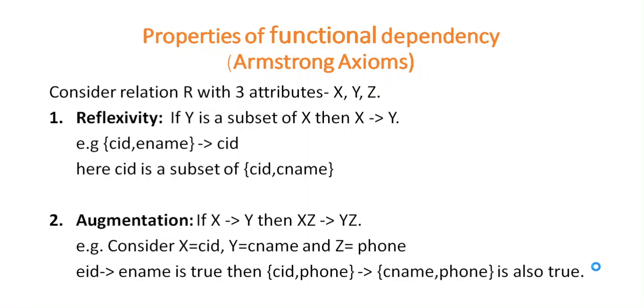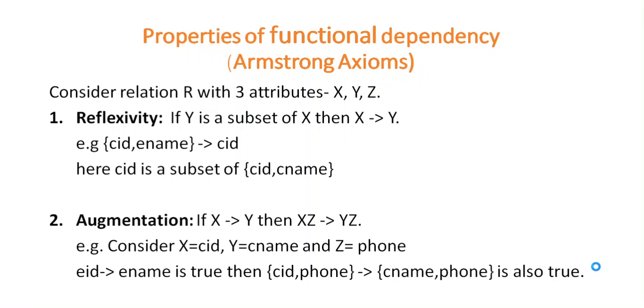See here, customer ID is determining customer name. This is the functional dependency. Then we can say that customer ID and phone, this combination, is determining customer name and phone. This is also true.